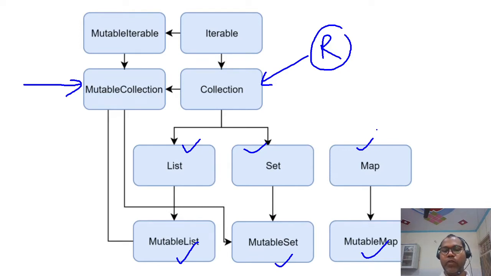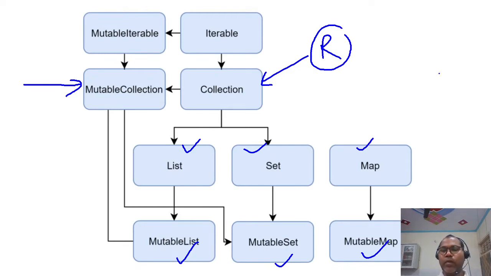So if you are using a list, that means you are using a collection of objects in immutable mode. All the threads can only read and access the elements, but cannot update or modify those elements in that collection.